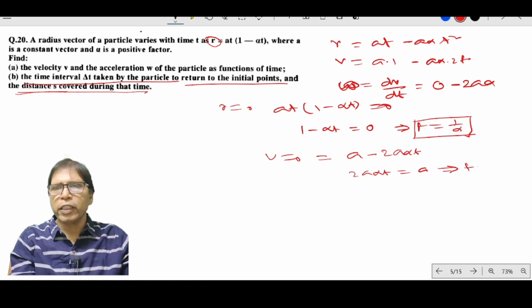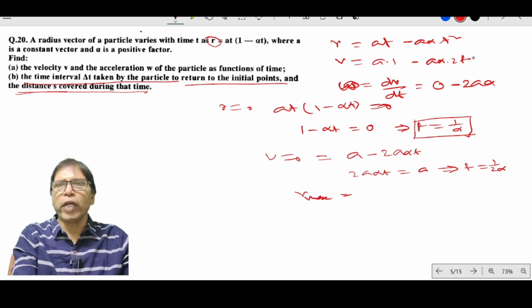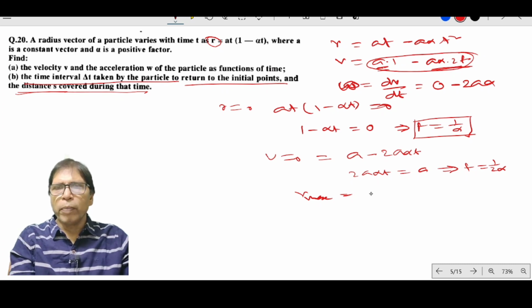Therefore, t equals 1 by 2 alpha. And maximum velocity v max: from this equation the velocity becomes maximum when the negative term is 0. So velocity becomes maximum at the initial time, when t equals 0. So the maximum velocity is a.